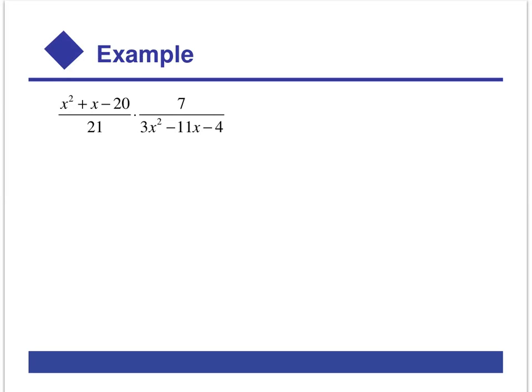So let's factor the x squared plus x minus 20, and that factors to x minus 4 times x plus 5 over 21.